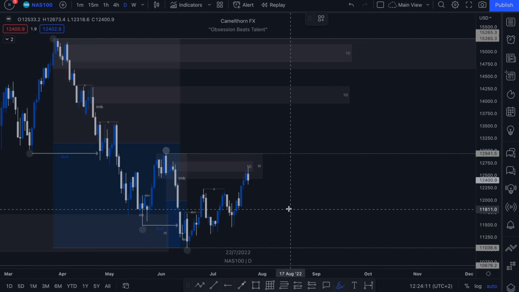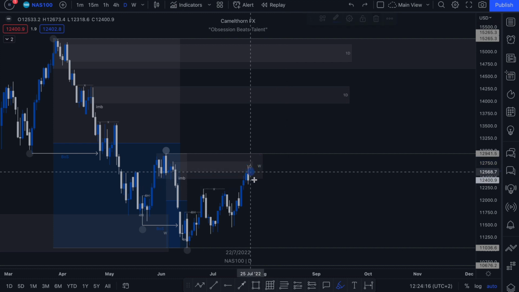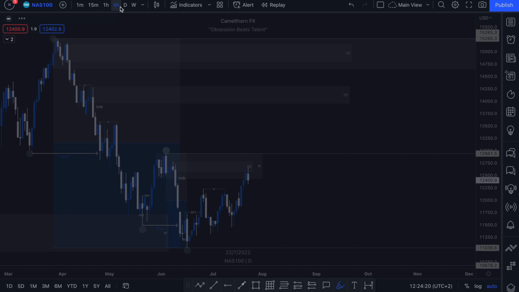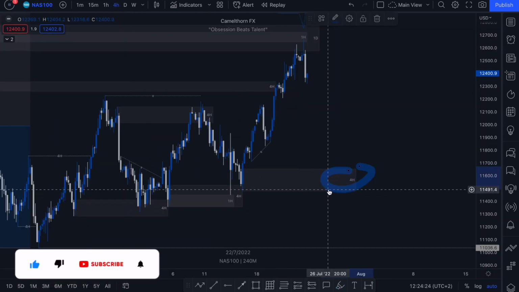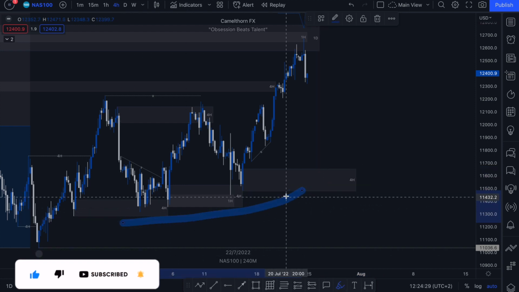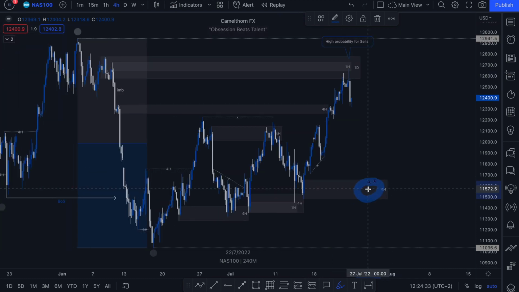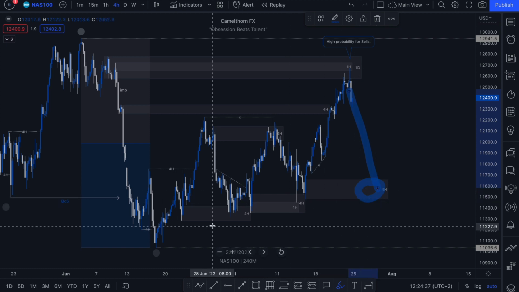Because from a daily point of view, we have mitigated a supply zone. We can anticipate price action to push down lower, okay? However, our 4-hour is showing us that demand is still in control here. And this particular 4-hour zone could be the zone that price action pulls back towards to give us what?